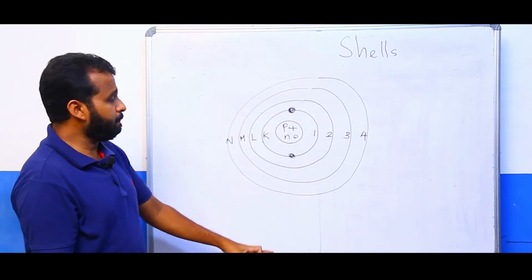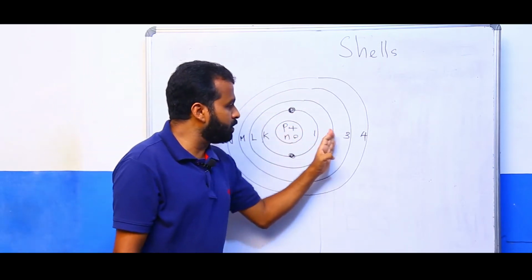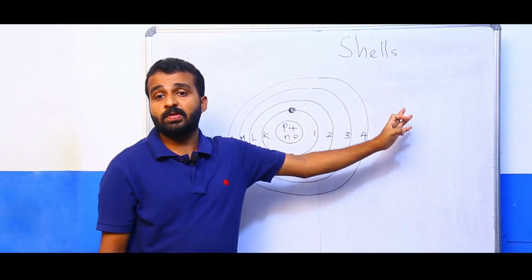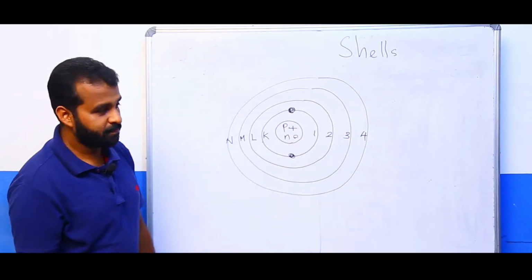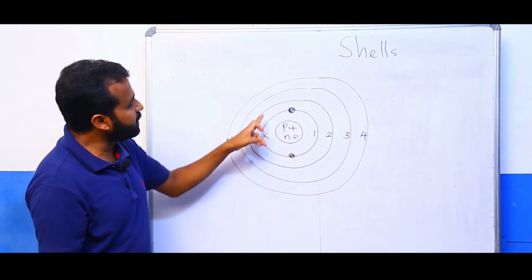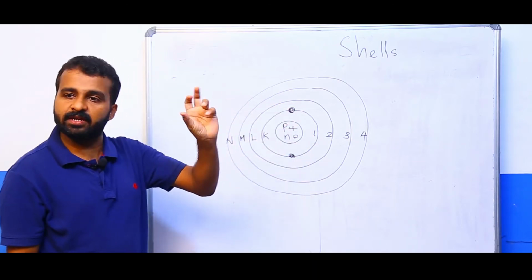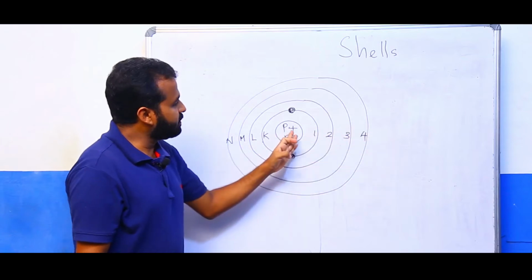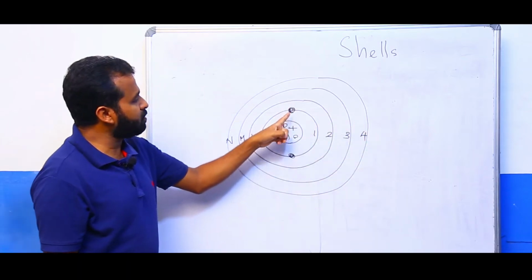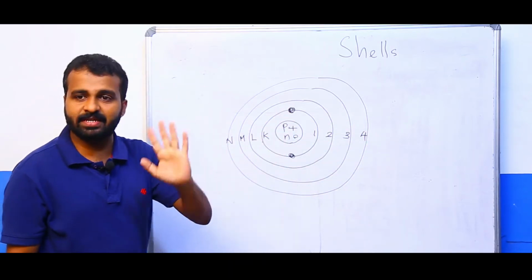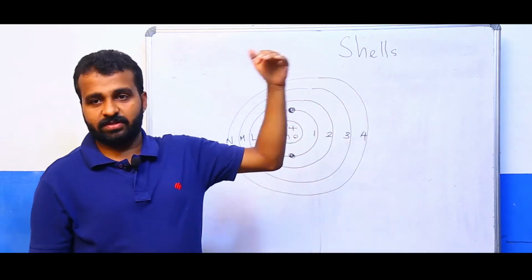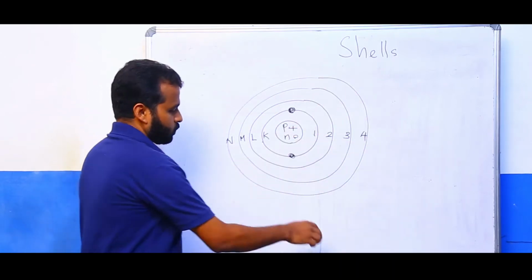In the same manner, as we move from the nucleus, the energy of electrons also increases. The electrons present in each shell have a definite energy. As we move from the nucleus, the attraction between electrons and nucleus decreases, whereas the energy increases.